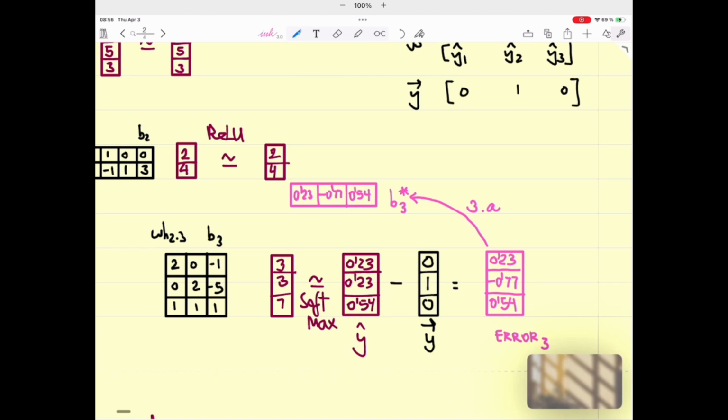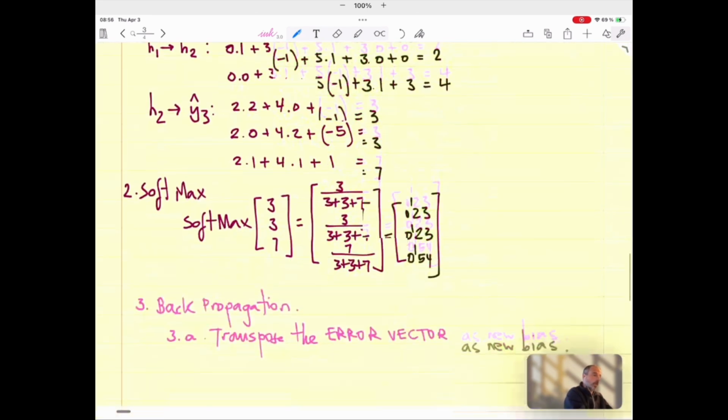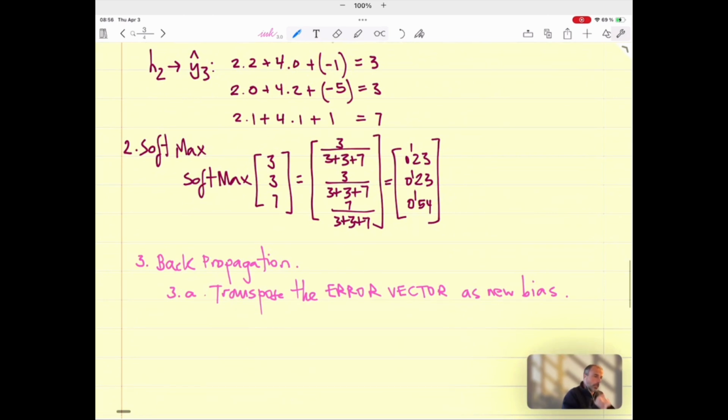And the next step is something new. It's called dot product. Dot product. Okay, so do not be scared. It's math, but it's super easy, okay?